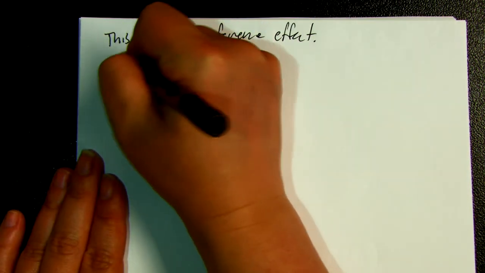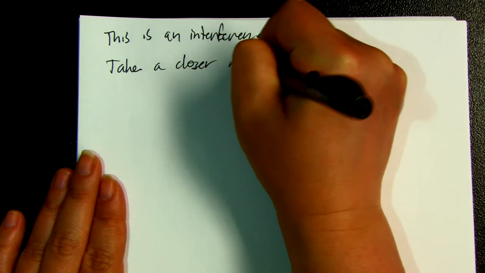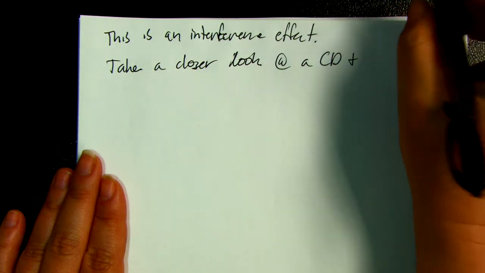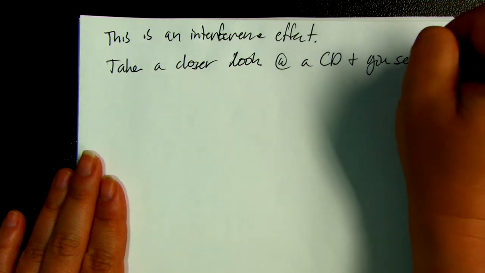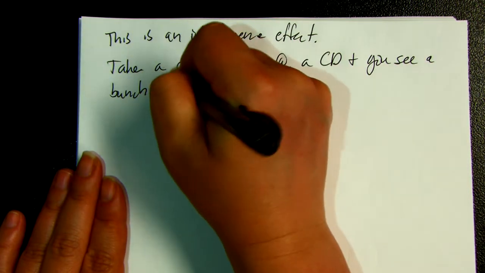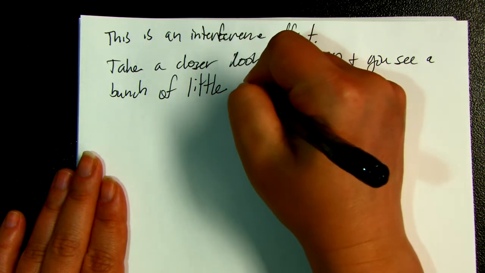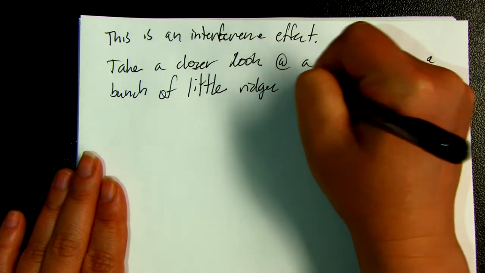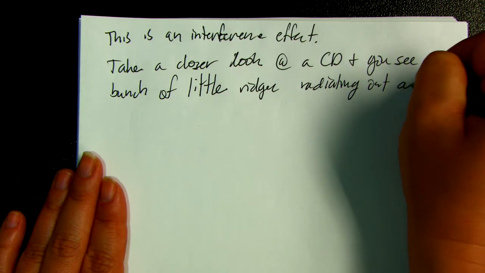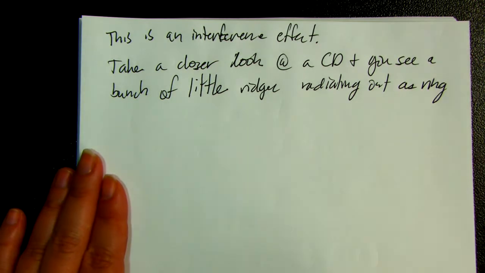So if you take a close look at a CD, you will see a bunch of little ridges radiating out as rings. I think last time I gave this lecture, normally I would demo this and show it.